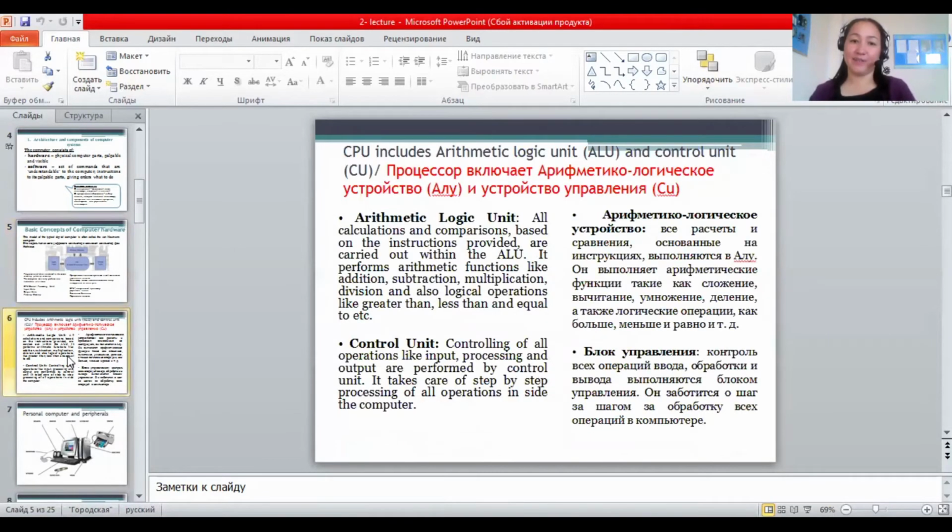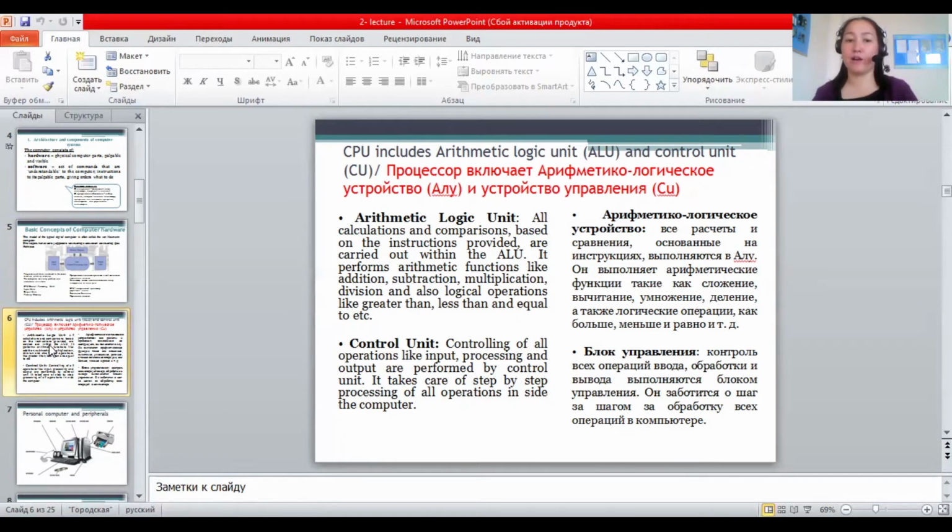Okay, let's continue our lesson. CPU includes the arithmetic logic unit, ALU, and a control unit. All calculations and comparisons based on the instructions provided are carried out within the ALU. It performs functions like addition, subtraction, multiplication, division, and also logical operations like greater than, less than, and equal to, etc. And the second part, the control unit, controls all operations like input, processing, and output.